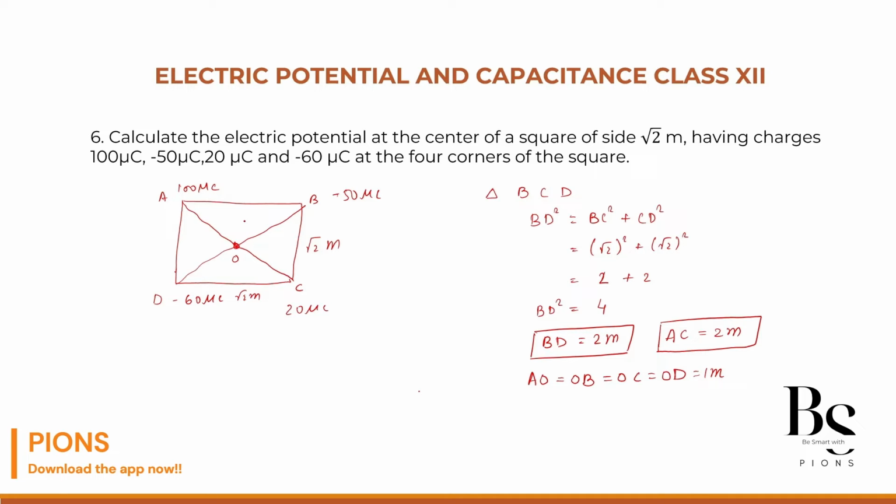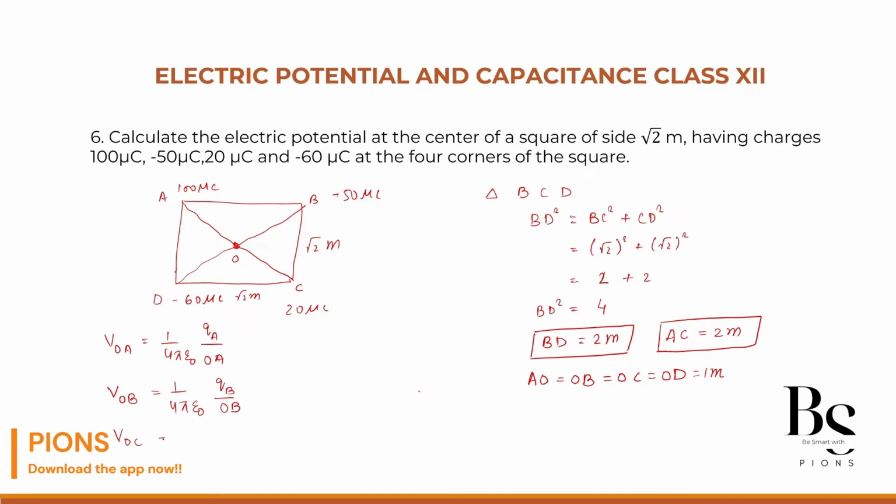Now let me write here the formulas which I will use to figure out the potentials. Potential at O due to A equals 1 by 4 pi epsilon naught, charge at A upon OA. Very simple. Potential at O due to B, 1 by 4 pi epsilon naught, charge at B upon OB.